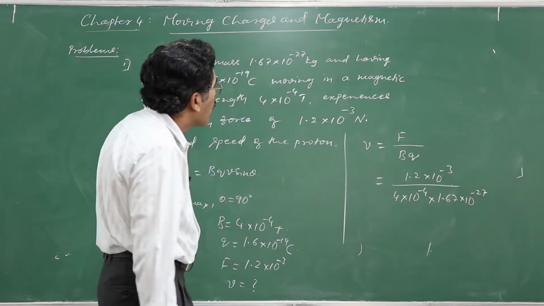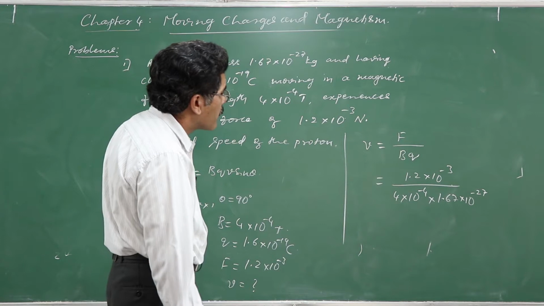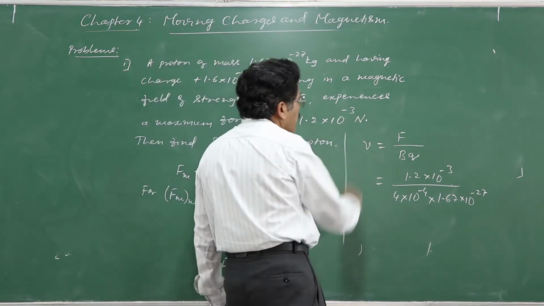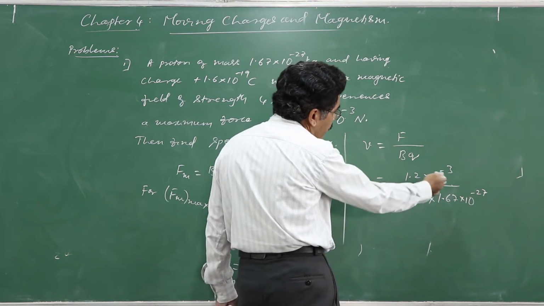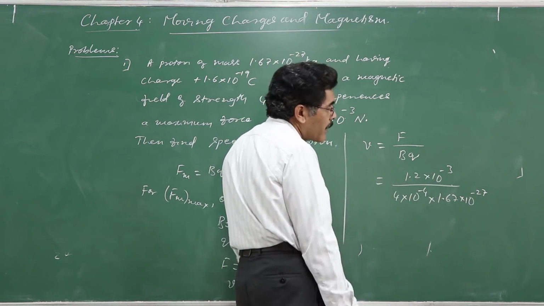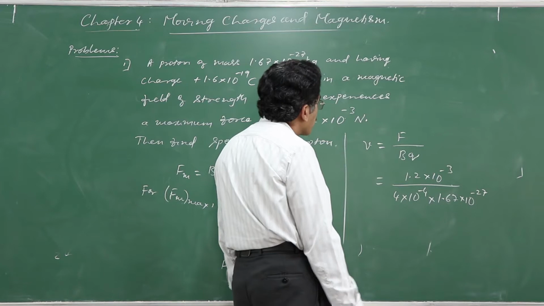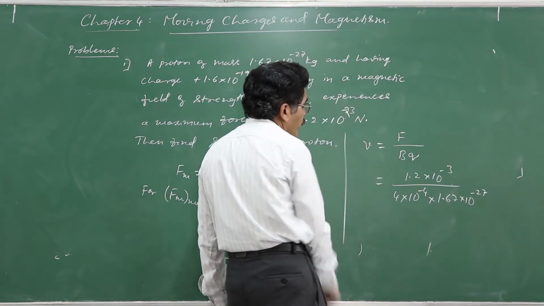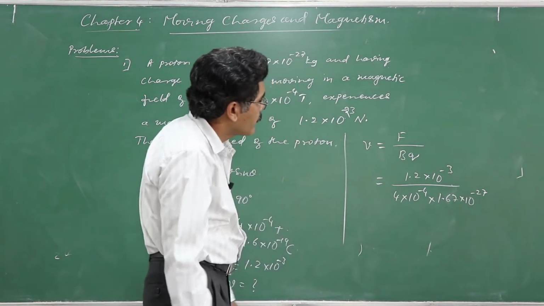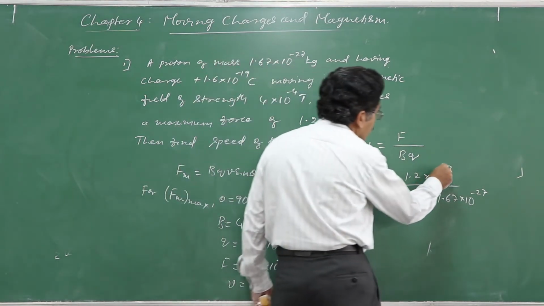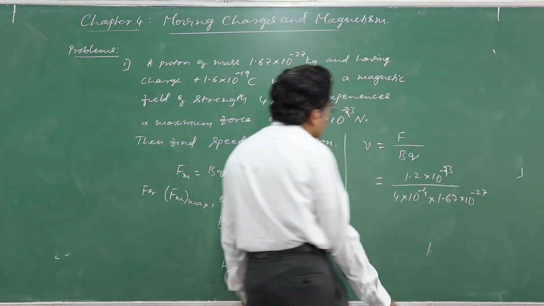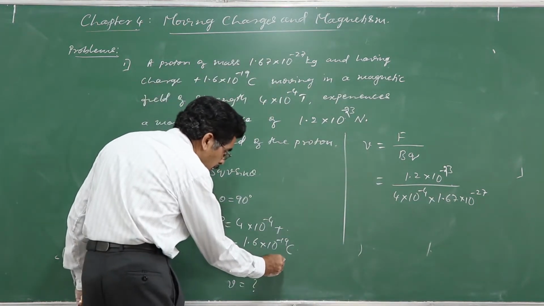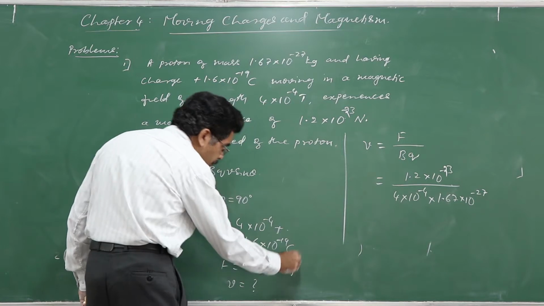See, therefore, I just make a little bit of simplification. I take this as 10 raised to, this is 31 minus 3, 31 or 29. I just take it as 10 raised to 23. 10 raised to minus 23 Newton.